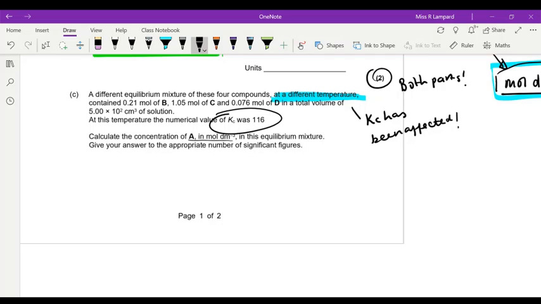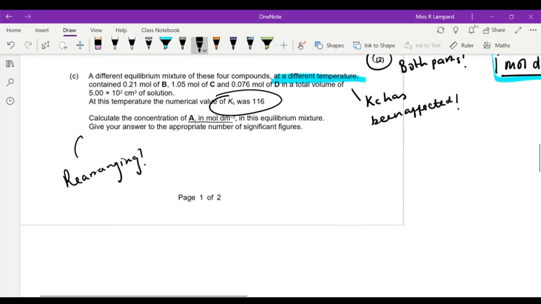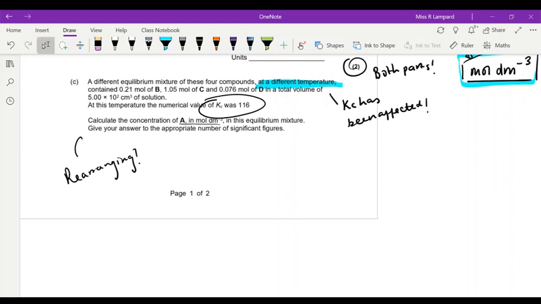So here we're going to have to do a bit of rearranging, and it is worth that you practice a question such as this. So the first thing that we need to remember here is that they're asking you to calculate the concentration of A. They're not asking you to calculate the number of moles. However, you have been given data about B, C, and D in moles and not concentration.